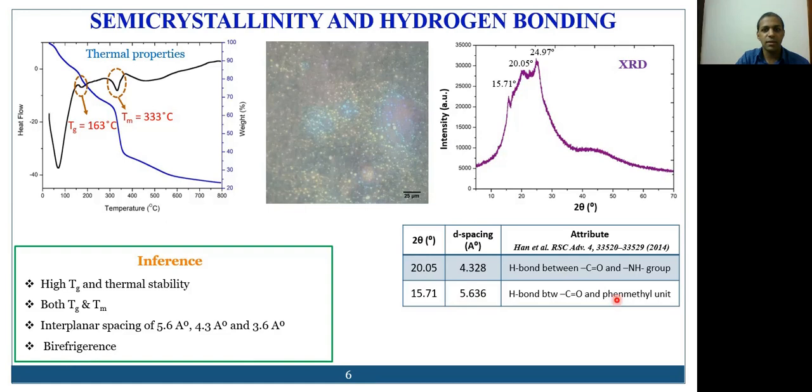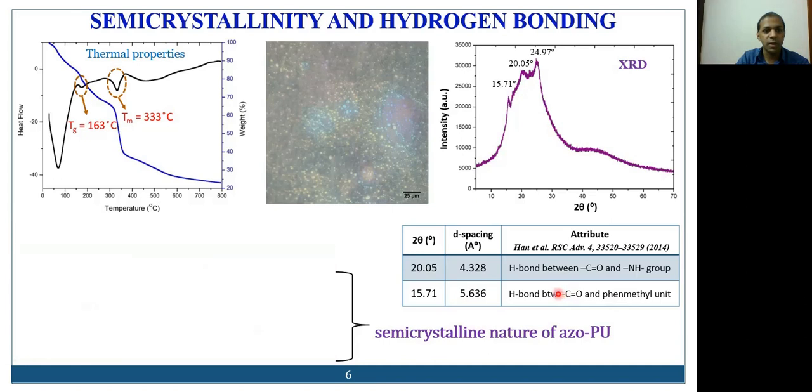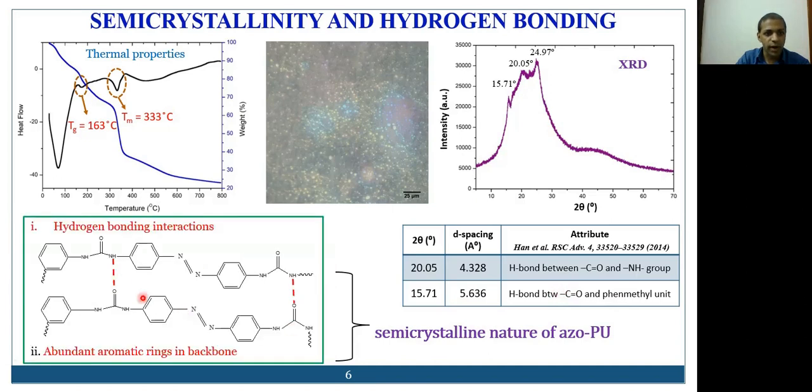So all these reasons strongly suggest that azo-PU is a semi-crystalline polymer, and this is a possible schematic of how hydrogen bonding can exist between the C=O and the NH groups of neighboring azo-PU chains. In fact, in the cis isomer, it can also exist in an intramolecular fashion. And given that there are abundant aromatic rings in the backbone, it's quite likely that the chain is very rigid, leading to its semi-crystalline nature.